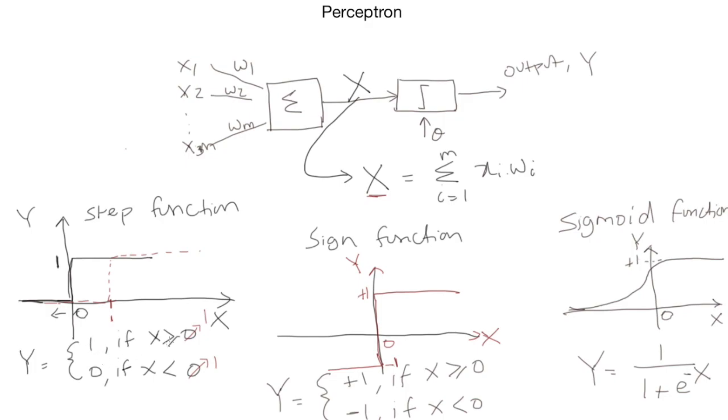So now the weighted sum of inputs needs to be greater than 1 before the neuron fires.